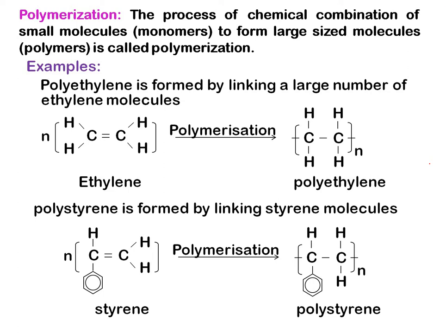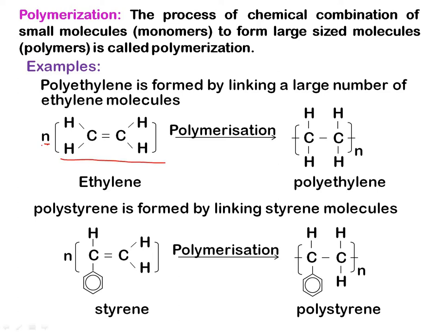Now the chemical reaction which yields a polymer is called a polymerization reaction. The process of chemical combination of small molecules to form larger sized molecules is called polymerization. Here we can see an example, the polymerization of ethylene. This is an ethylene monomer.